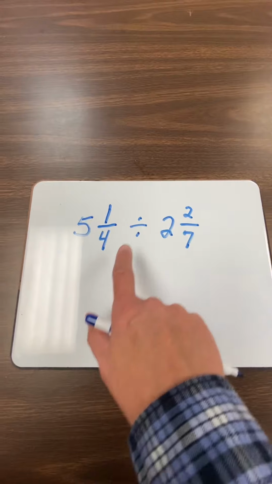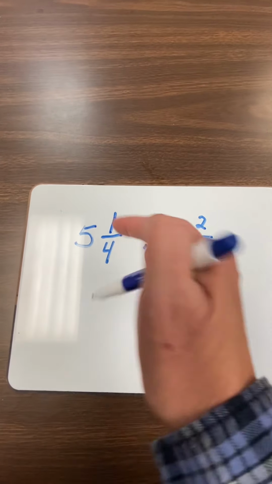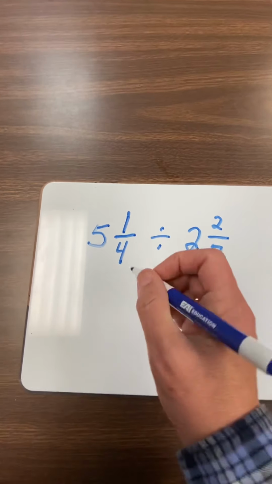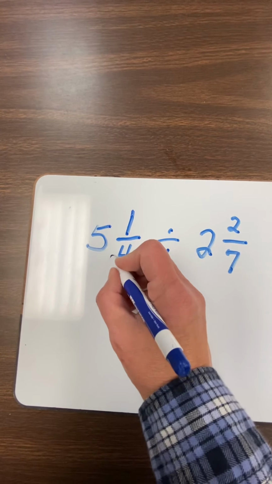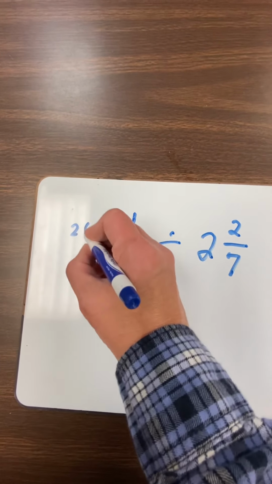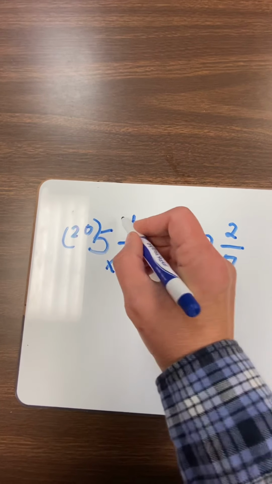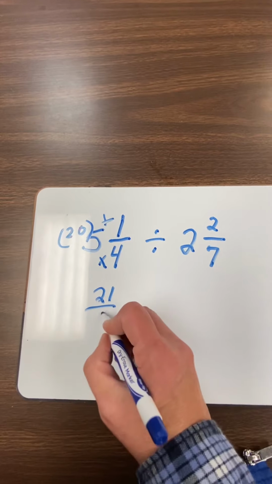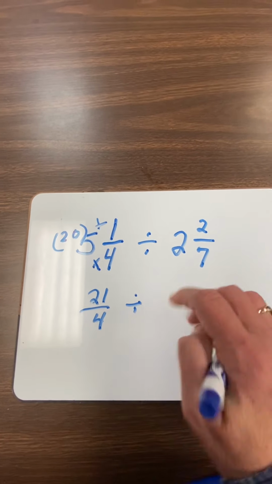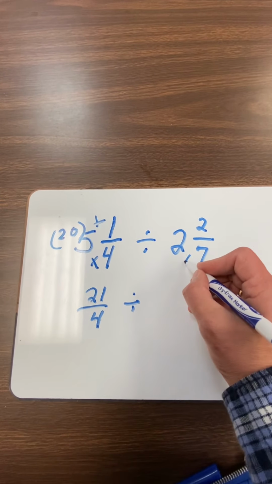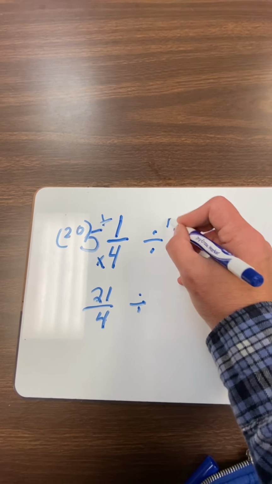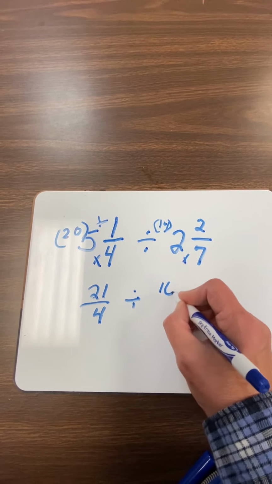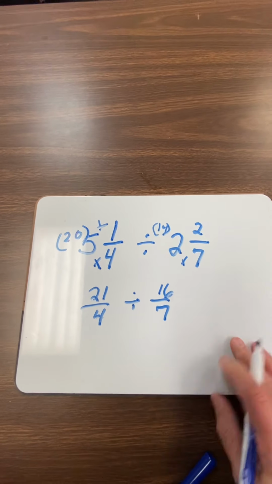Let's look at it. We need to change it to an improper fraction from a mixed number. So 4 times 5 is 20. Then add your numerator. 20 plus 1 is 21, so 21/4. Divided by 7 times 2 is 14. 14 plus 2 is 16, so 16/7.